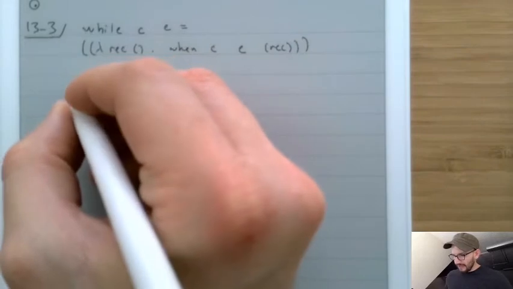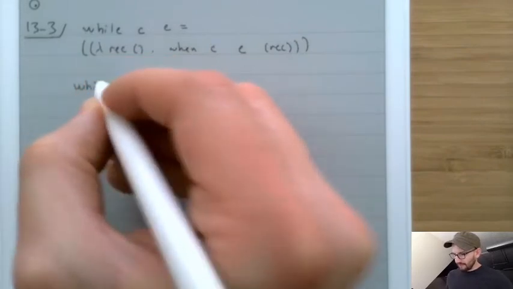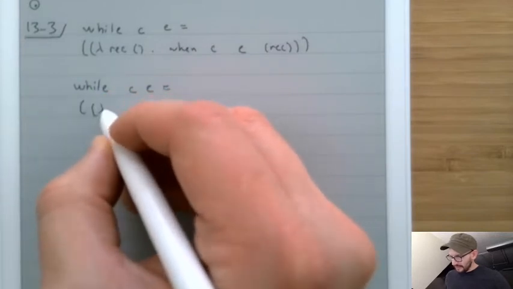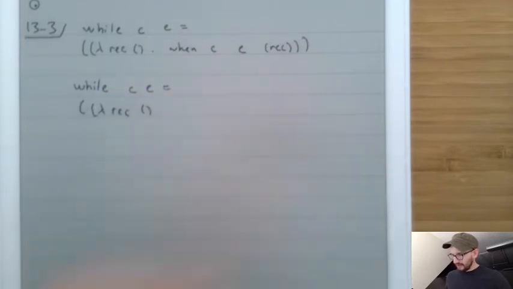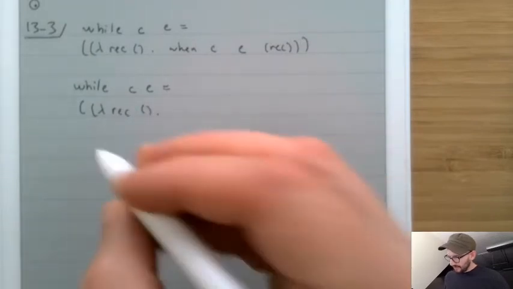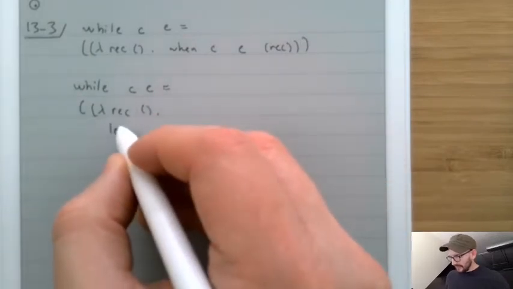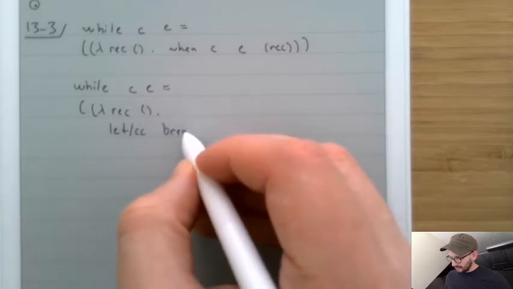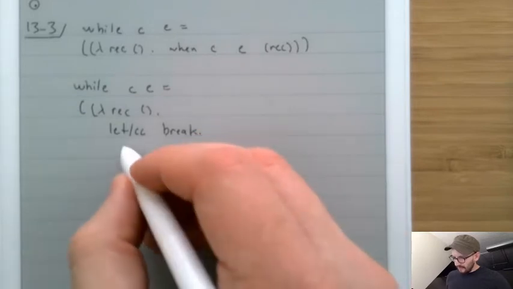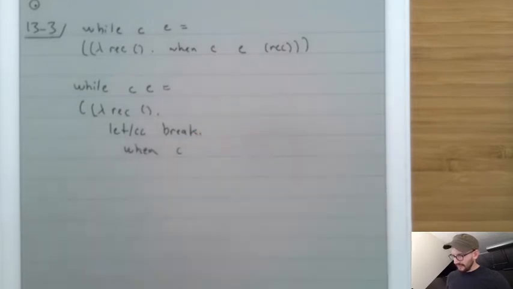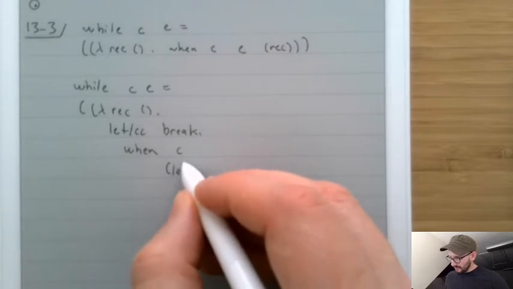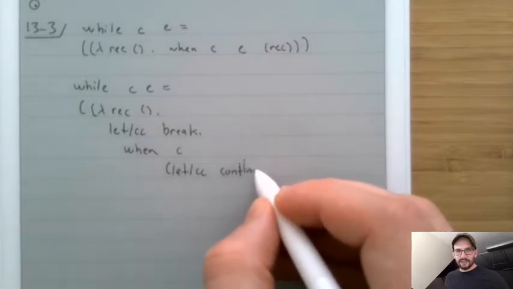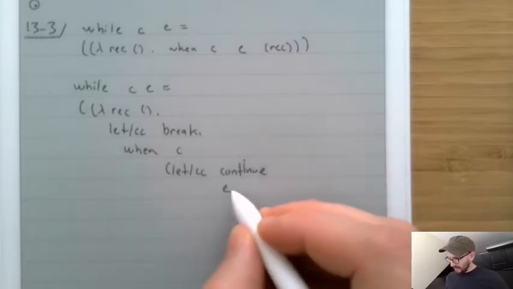Well, we can add break and continue in the following way. We can say that we're going to still call the function, still have rec with no arguments, but what we'll do is we'll do let CC break, and then we'll have when C, and on the inside we'll do let CC continue, continue, and then we'll have the body expression.